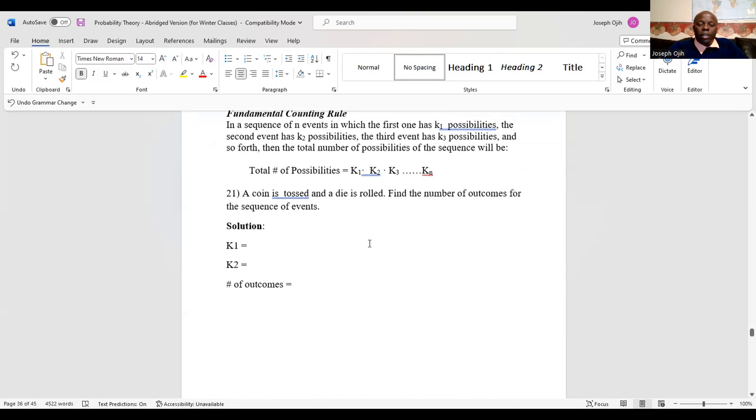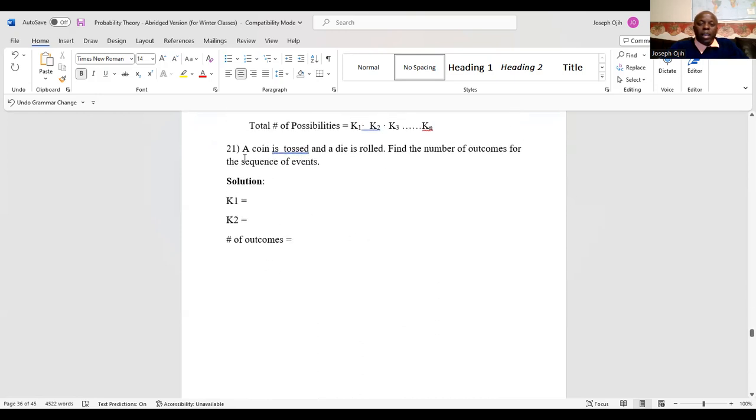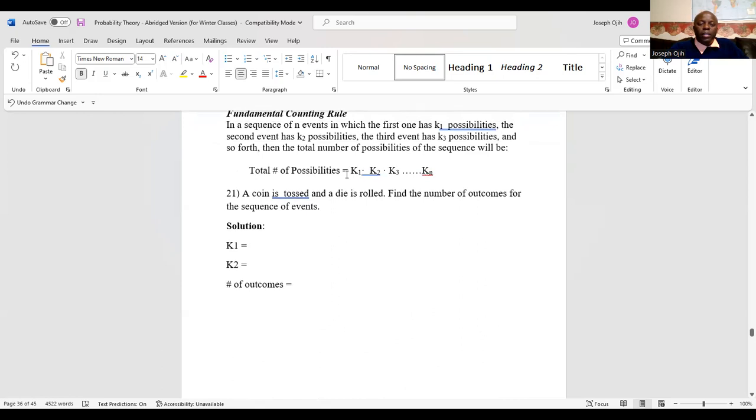Let us do this with an example. A coin is tossed and a die is rolled. Find the number of outcomes for the sequence of events. A coin has two sides, so we use K1 for the coin and K2 for the die.